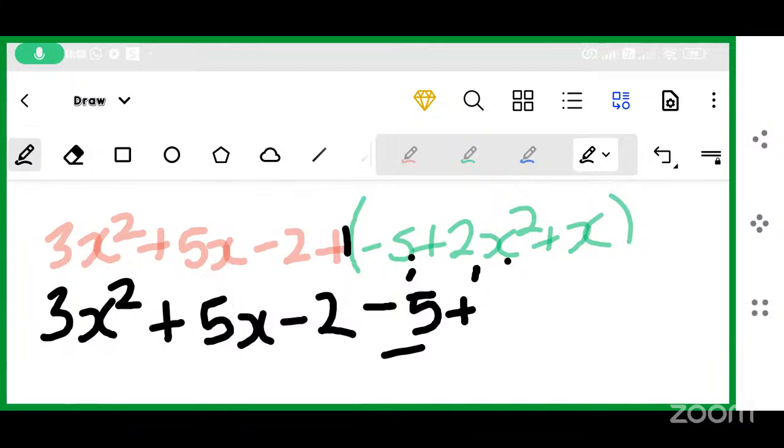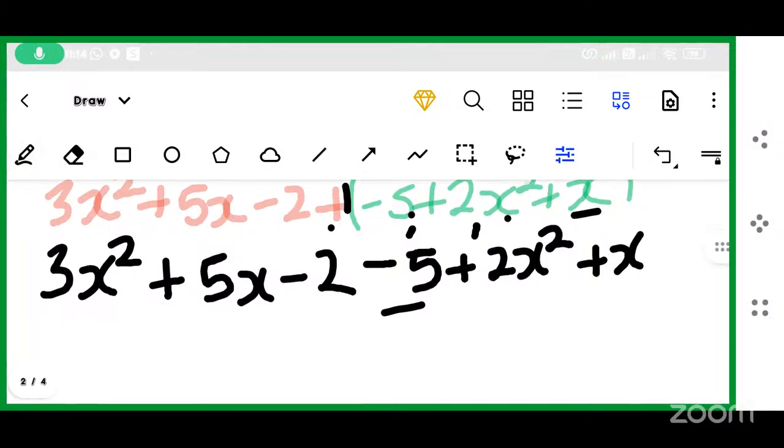So it's positive 2x squared. So what is positive 1 multiplied by positive x? X. Perfect. What's the sign? Plus x. Perfect. So it's going to be your plus x.